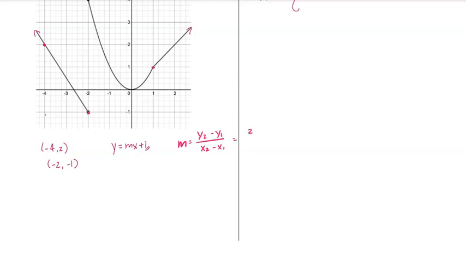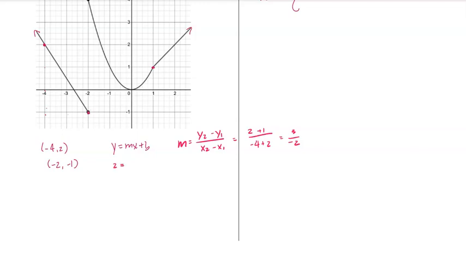So 2 minus negative 1 over negative 4 minus negative 2. So it's going to be 3 over negative 2. We can check: went down 1, 2, 3, and to the right 2, which is what that says.